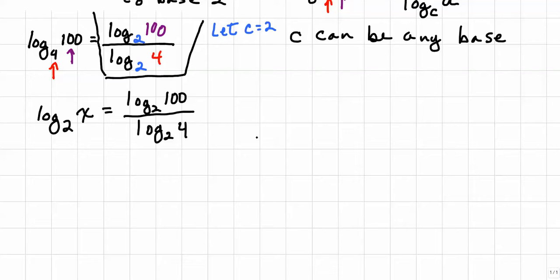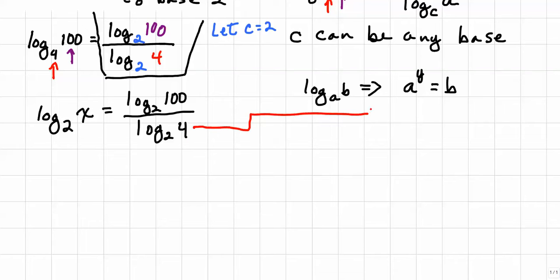It's very easy to find log base 2 of 100 and log base 2 of 4 using a calculator, or using the fact that log base A of B is equal to the equivalent exponential form, where A to the y power is equal to B. So if I have log base 2 of 4, I'm going to rewrite it simply as 2 to the n power is equal to 4, which means in order for this to work, n must be equal to 2.